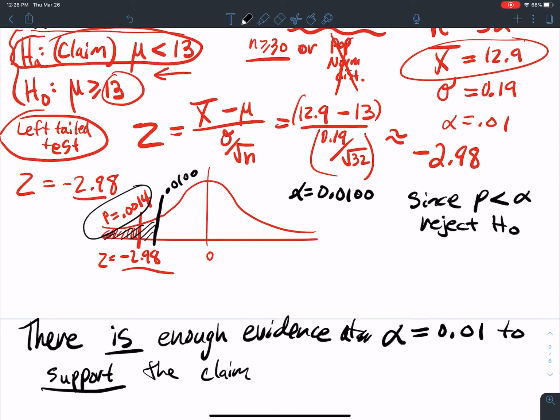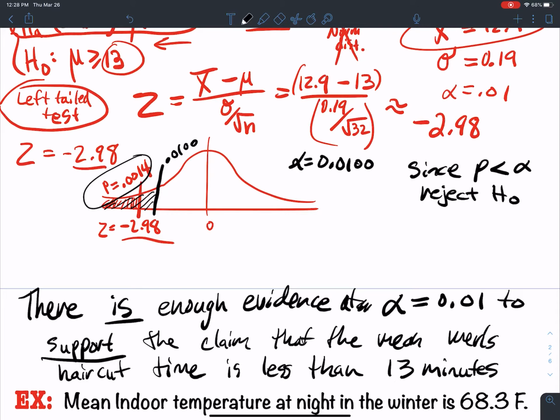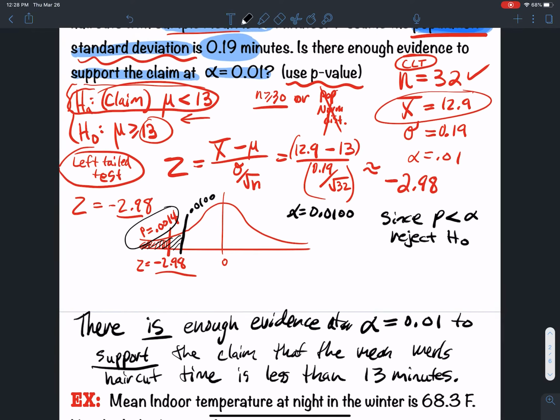What was the claim? That the mean men's haircut time is less than 13 minutes. So there is enough evidence to support that it's less than 13 minutes.